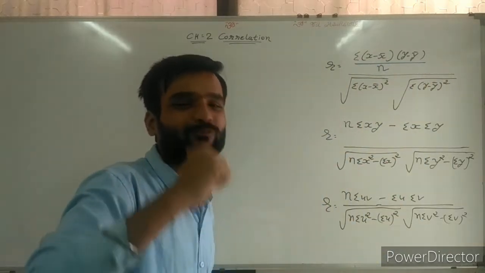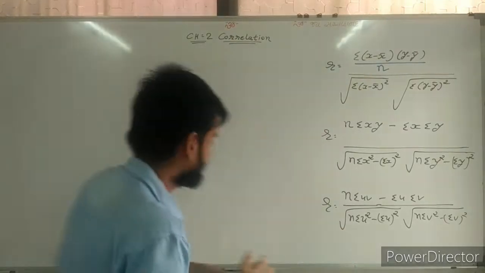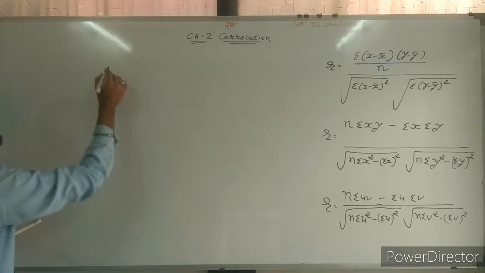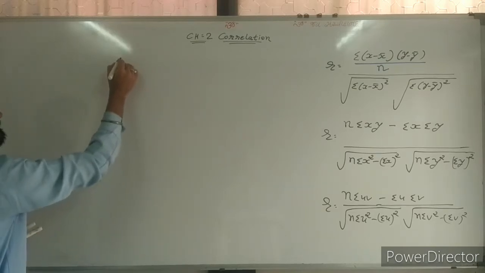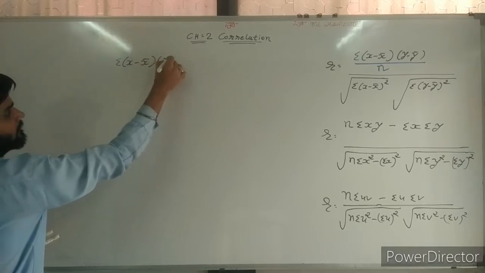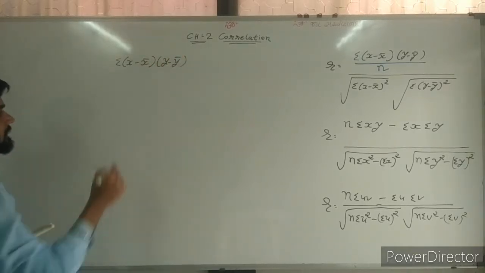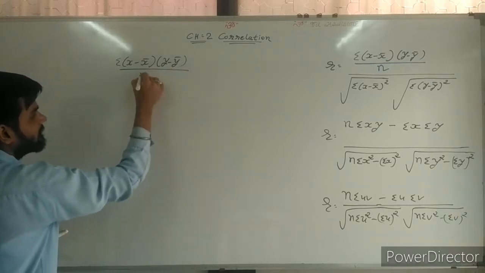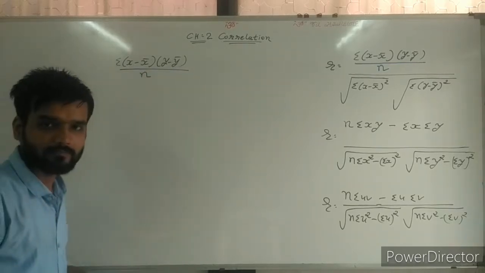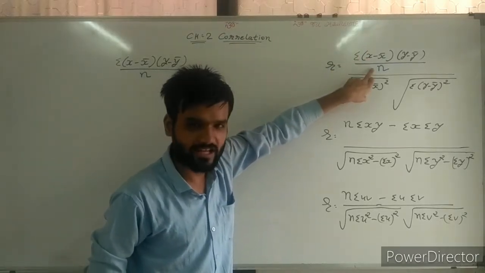Then I get one formula. First of all, I am writing this only: sigma (x minus x bar)(y minus y bar) divided by n.